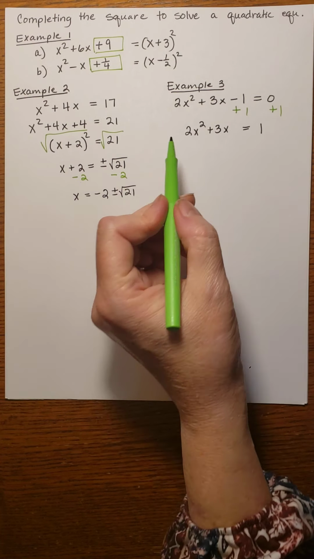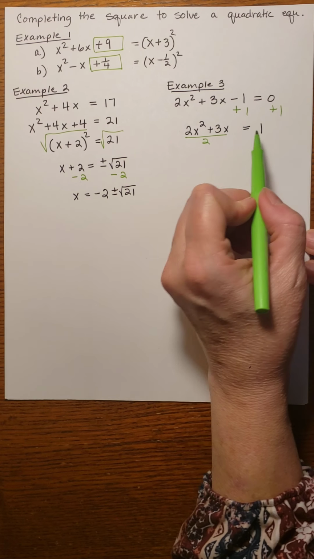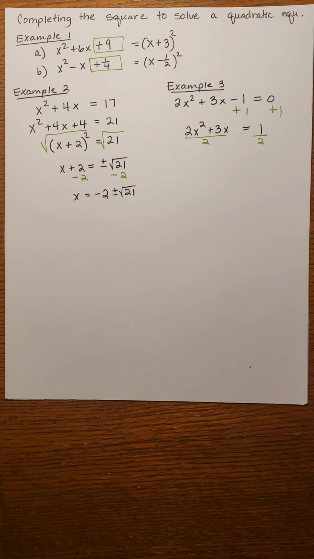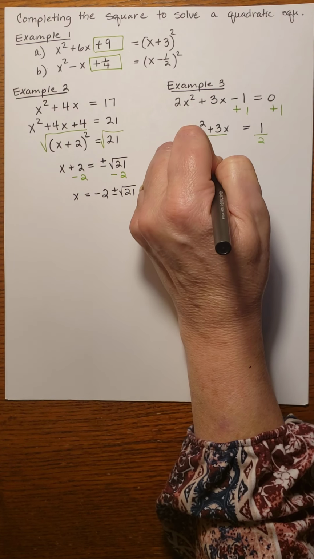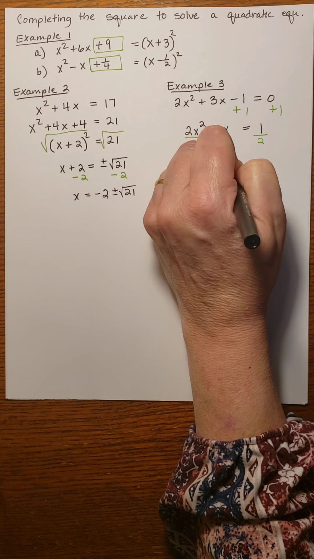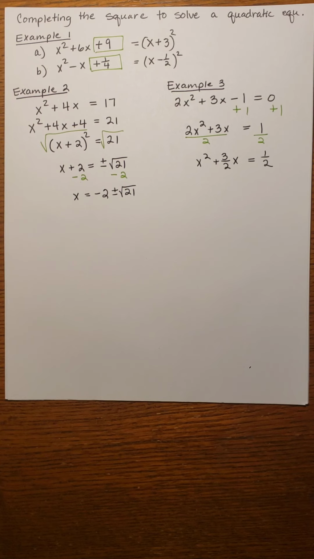And I want to get rid of the 2 as well. So I'm going to divide both sides of the equation by 2. And that gives me x squared plus 3/2 x is equal to 1/2.